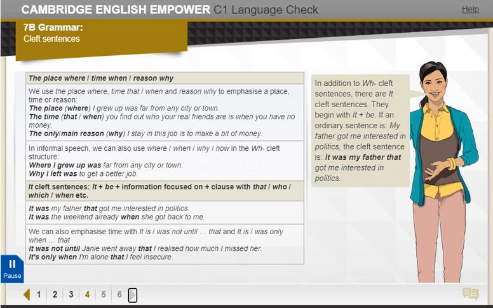In addition to WH cleft sentences, there are it cleft sentences. They begin with it plus be. If an ordinary sentence is, "my father got me interested in politics," the cleft sentence is, "it was my father that got me interested in politics."